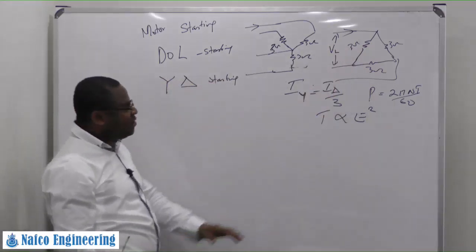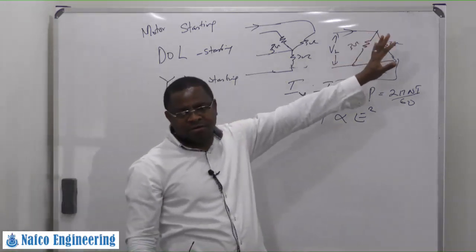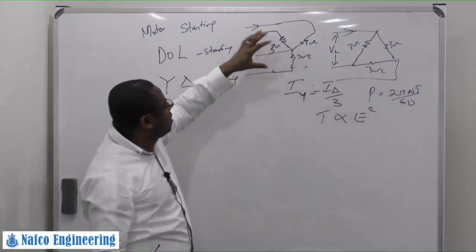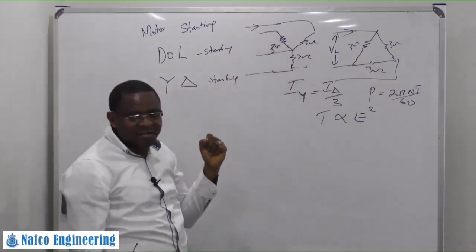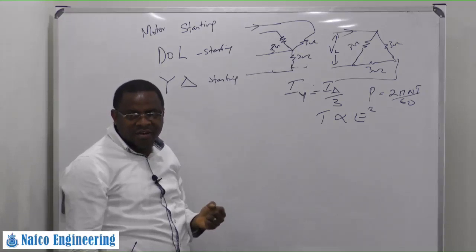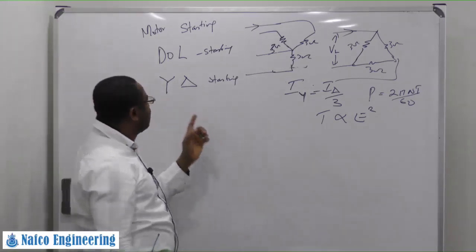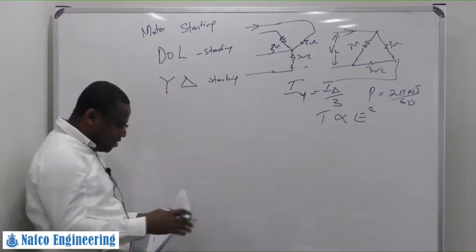And we know that this one has high torque, because it has high power. When you connect in star, the power is a little bit lower. It draws lesser current, and so the inrush will be small. That's why we start with star and then delta.